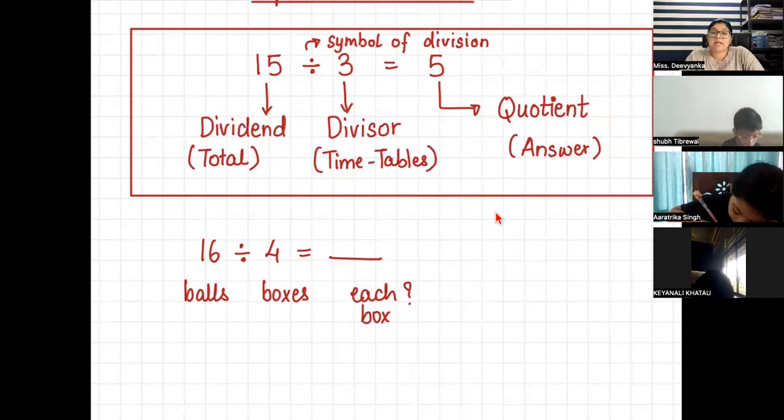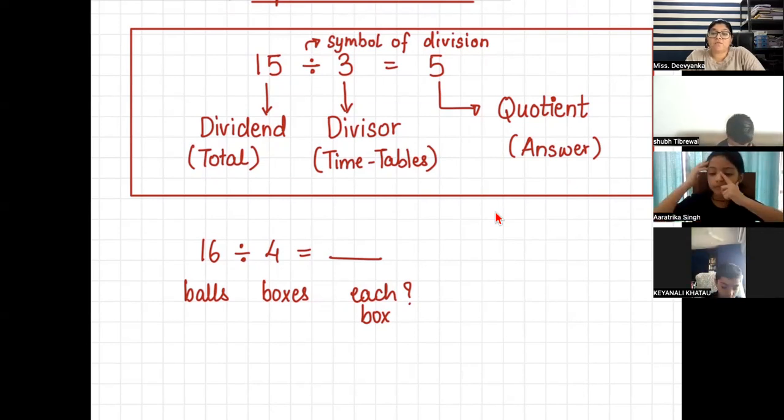First you have to observe which one is the dividend here. Dividend is your total number which is getting divided. So in this example, 16 is your dividend, because that needs to be divided into 4 boxes. And 4 is your divisor. So start saying the table of 4 until you reach 16 and tell me what the answer is.